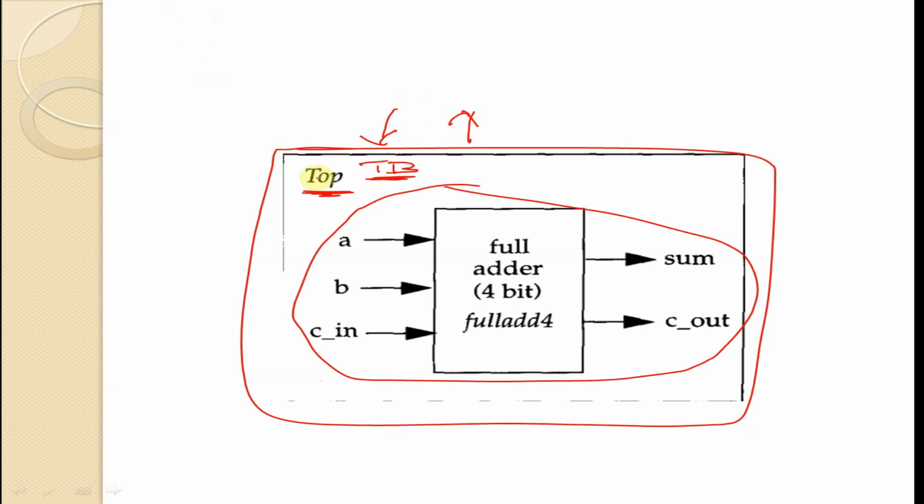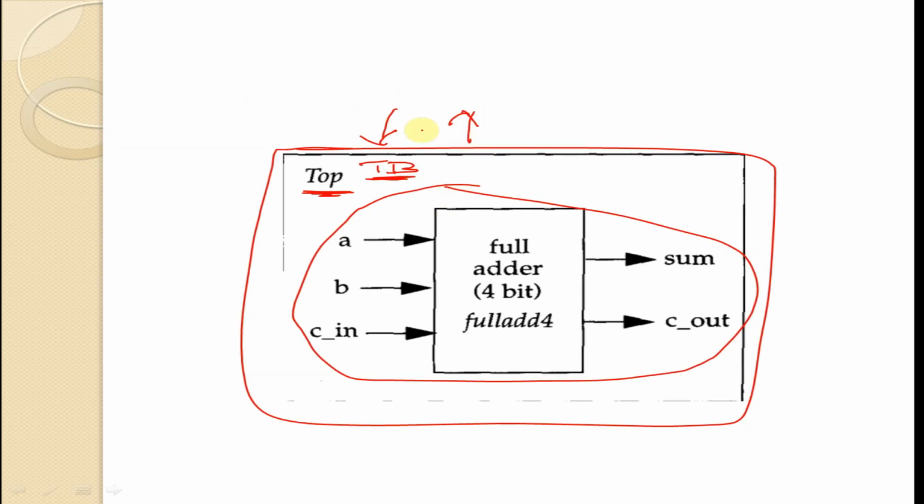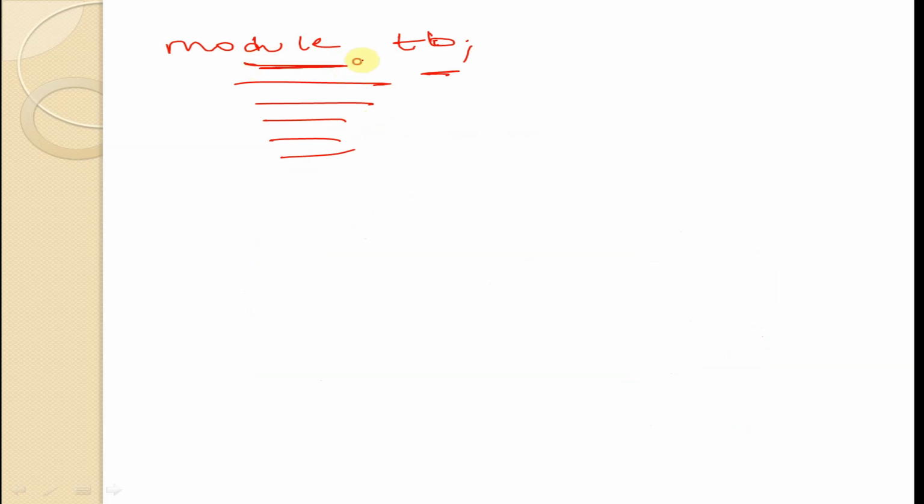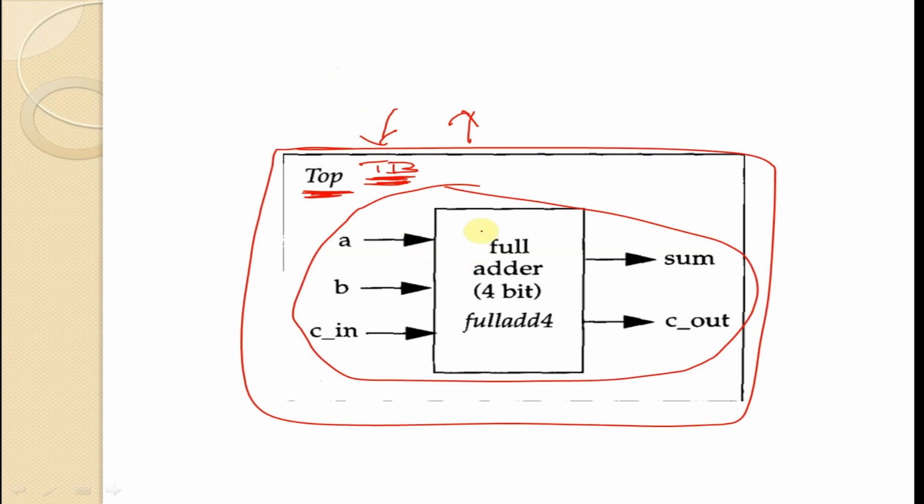So while developing the module for a TB, we can develop the module without any ports. Here in this diagram, we can see for our top or for our TB, there are no inputs or outputs. So we can write the module without writing any ports. And for our full adder, this is our design.